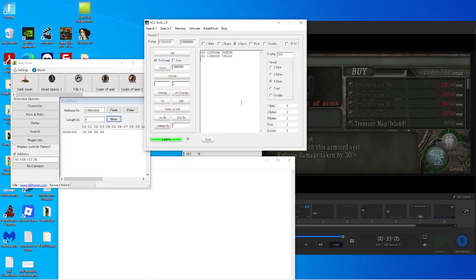And oh look, it didn't. My money is still the same. That eliminates that address because that wasn't it at all. Now let's say I try this. Poke. Boom. Sets us to 99999. I have a feeling that this is the address.